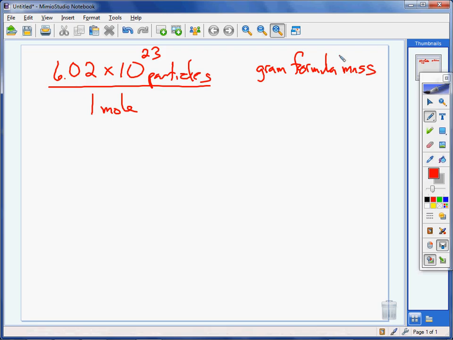So a lot of times you might see it abbreviated as GFM, okay? That one refers to atomic mass, refers to molecular mass, refers to molar mass, right? So there's a lot of terms that they use for these, right? But again, these are coming straight from the periodic table. And that's all equal to what? 1 mole.